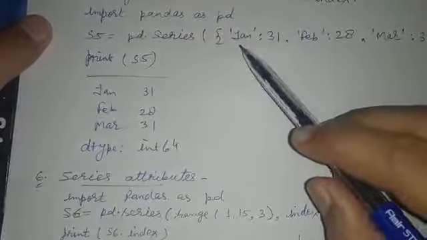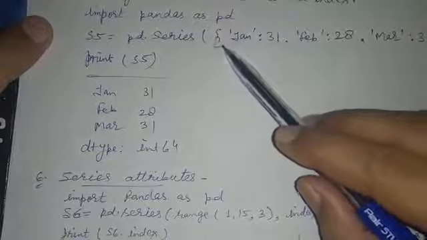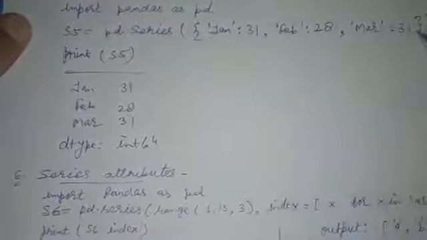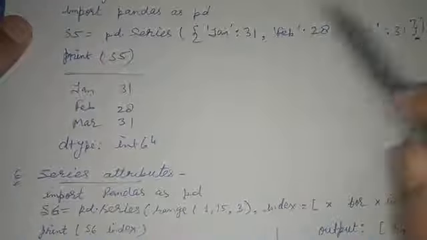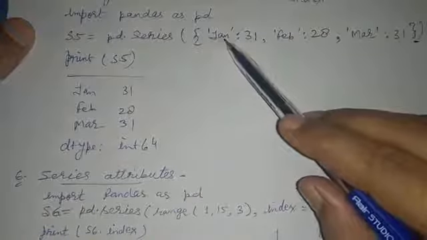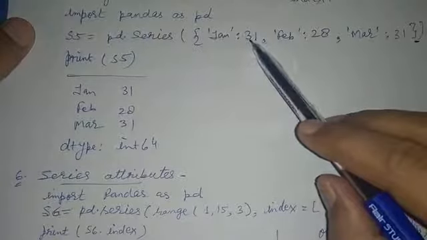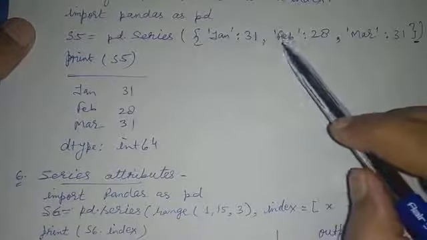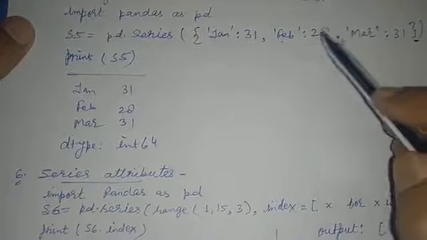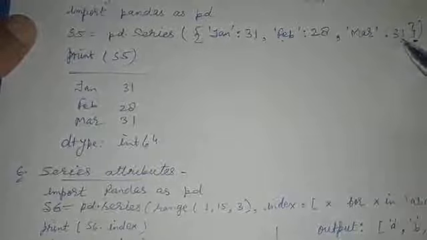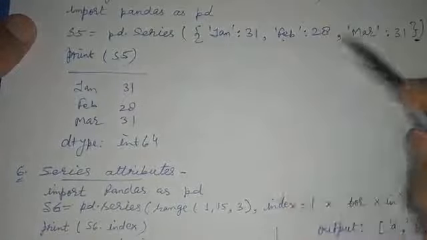For example, a dictionary is always enclosed with curly brackets. Here January is a key and 31 is the value. February is the key, 28 is the value. March is the key and 31 is the value. So this is a dictionary.